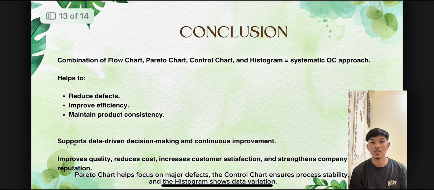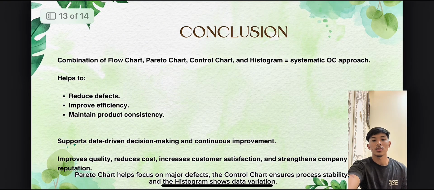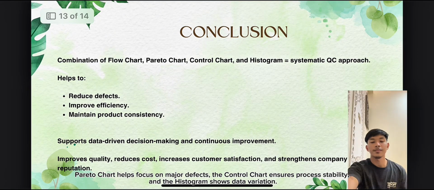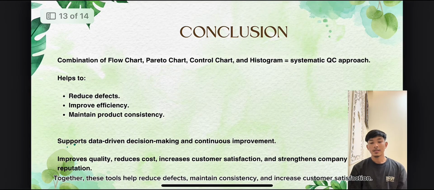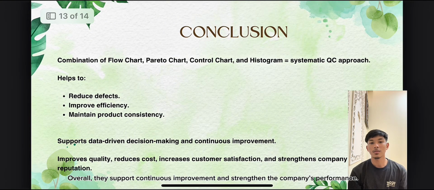The control chart ensures process stability, and the histogram shows data variation. Together, these tools help reduce defects, maintain consistency, and increase customer satisfaction. Overall, they support continuous improvement and strengthen the company's performance.